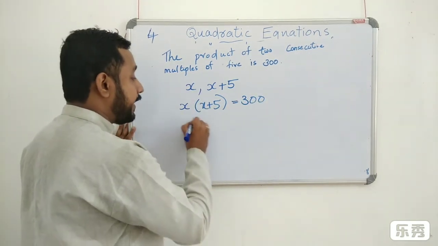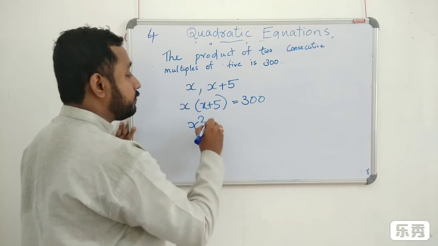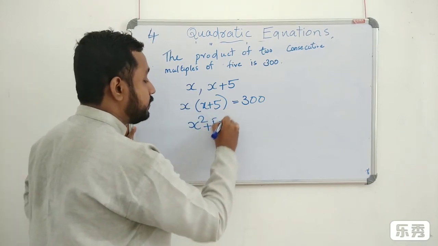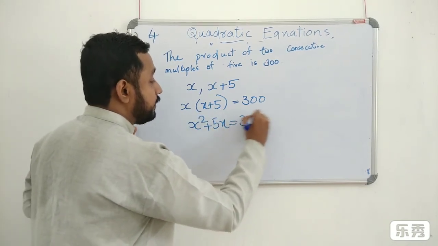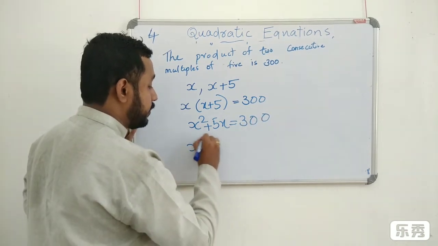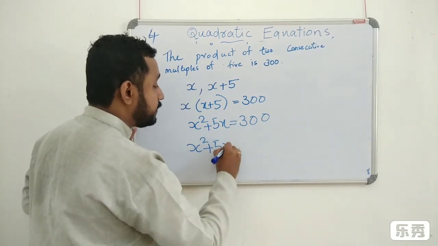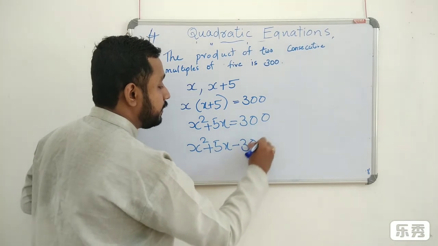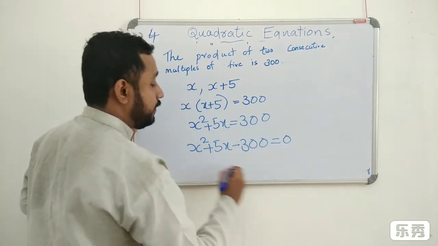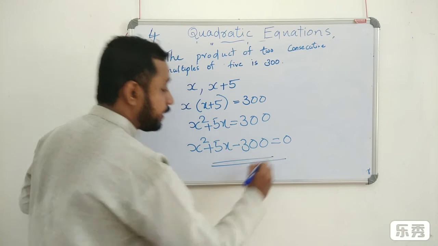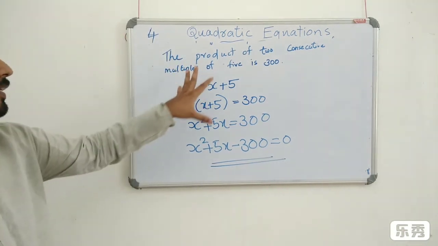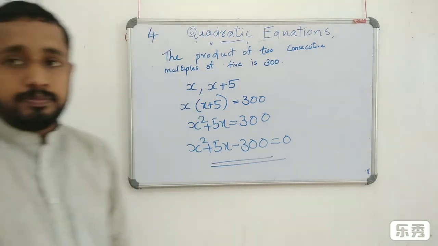Therefore, x into x, x square, plus x into 5, 5x, is equal to 300. That is, x square plus 5x minus 300 is equal to 0. This is the quadratic representation of this situation.